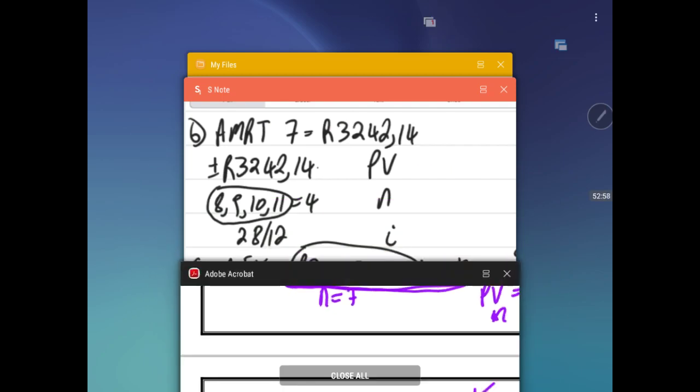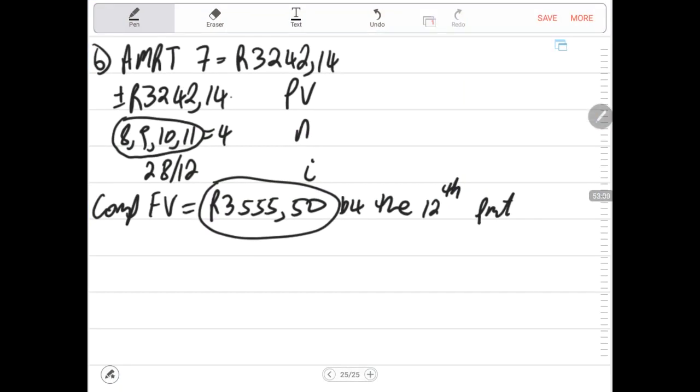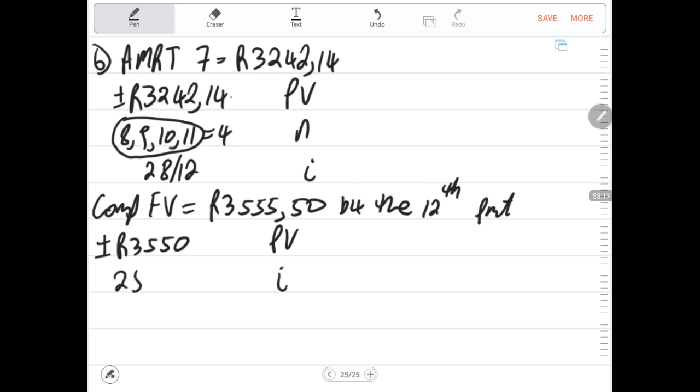From month number 12 up to month number 24. So now we have to say plus minus 3,550. This is what we're currently owing now, which is the present value. This is our present value, and we need to pay this with the interest of 28% compounded monthly.